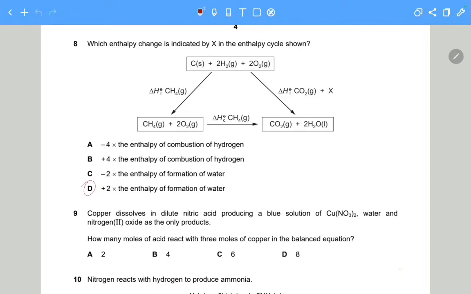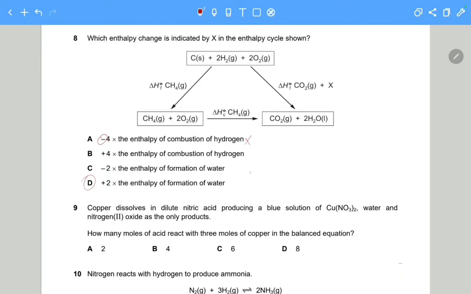It should only be twice the enthalpy of combustion, because why do we need a negative sign here if the enthalpy of combustion itself is negative, right? So we don't need a negative sign here. We only need plus 2 times the enthalpy of combustion, which is not the option, so we cross it out. Plus 4 into the enthalpy, again it should be plus 2.